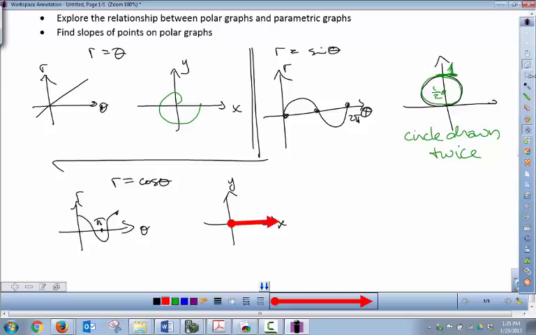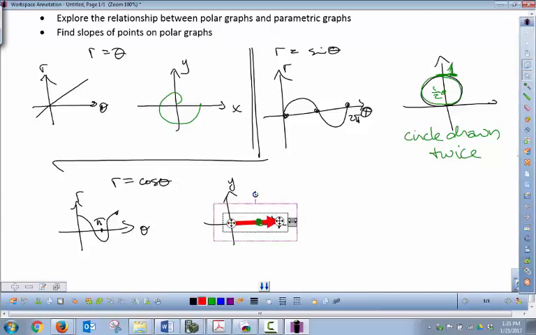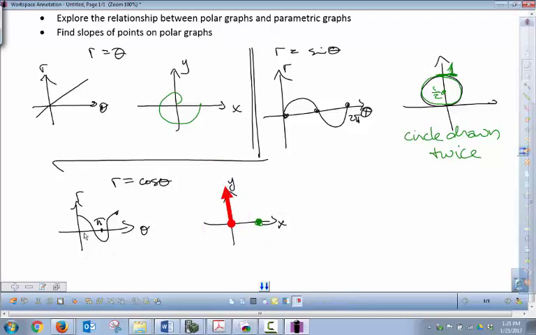When theta is equal to 0, where is r? 1. So we're starting off over here at 1, right? Now, when theta goes to pi over 2, where's pi over 2? So by the time you get to pi over 2, you need to be at 0, right?